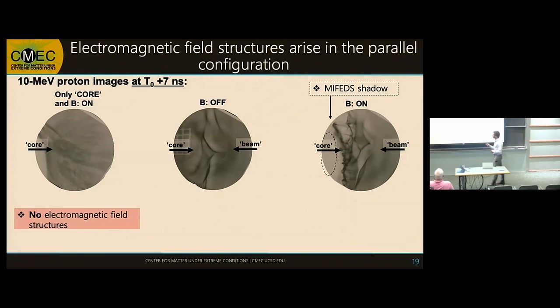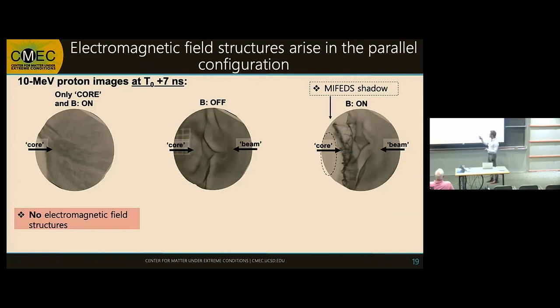In this configuration, we have the core plasma propagating into the magnetic field. There is no beam plasma. We don't have any fluctuation of the contrast in this image, meaning we don't have any electromagnetic field structures. In the case where we've got the core and the beam plasma interacting without any magnetic field, the core goes every time left to right and the beam right to left on these images.